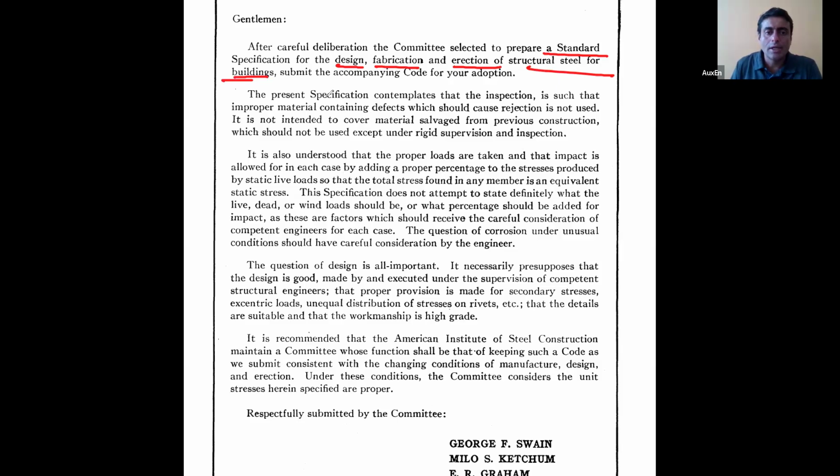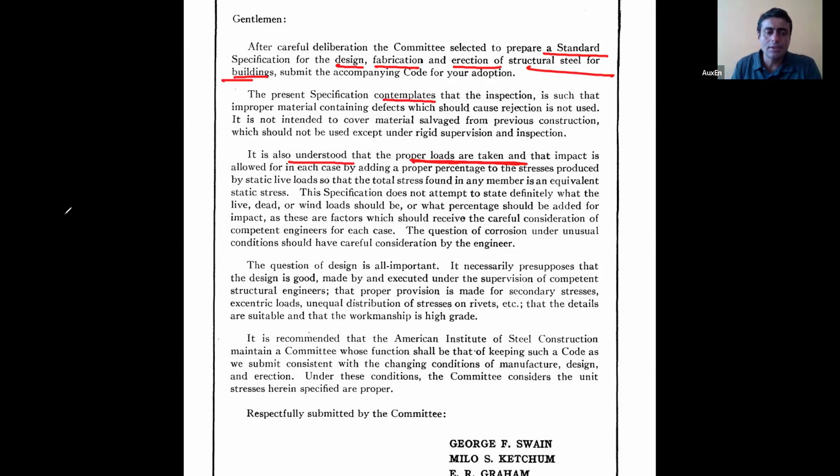The present specification contemplates that the inspection is such that improper material is not used or improper material gets duly rejected. It is also understood that the proper loads are taken. So it's not talking more about loads.